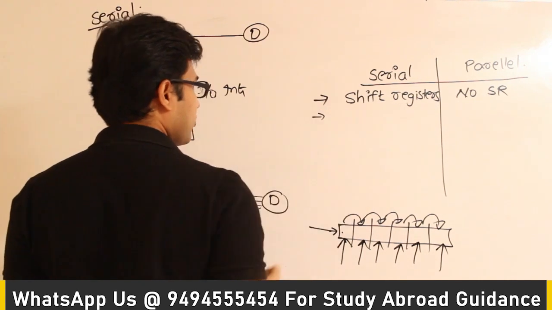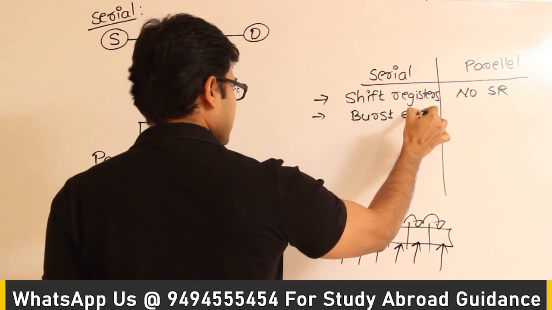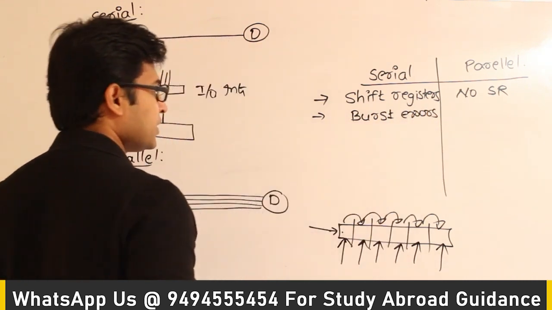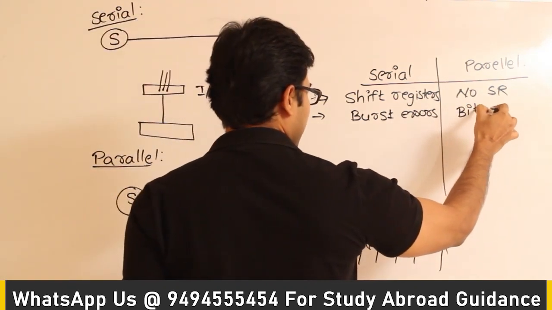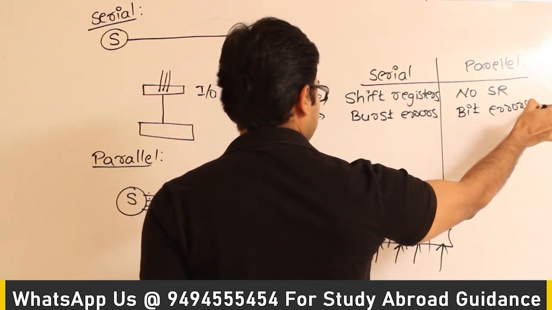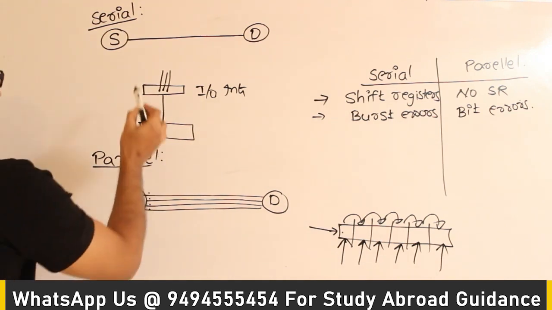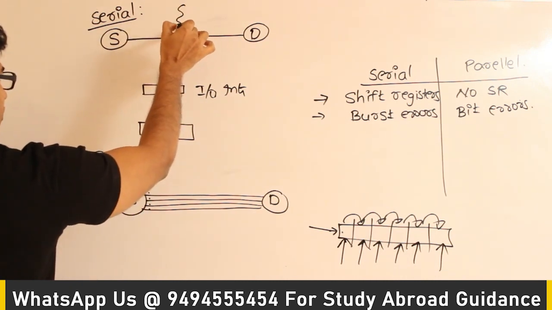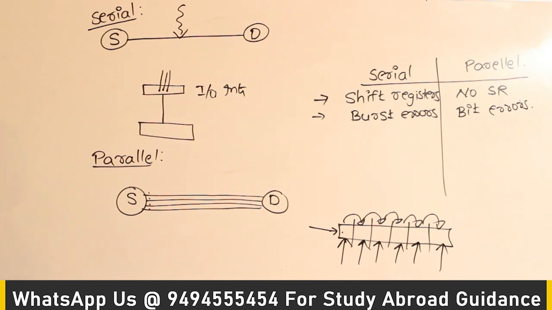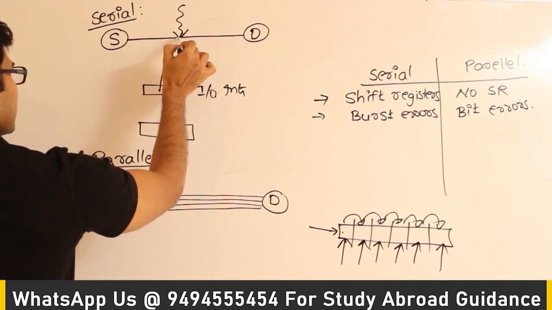Then coming to the type of errors, in serial mode we get something called burst errors, and in parallel we generally get only bit errors. Assume that when this particular line is carrying some data, for some time there is external noise, because of voltage fluctuations or a change in the electromagnetic fields, and it affects this conductor.